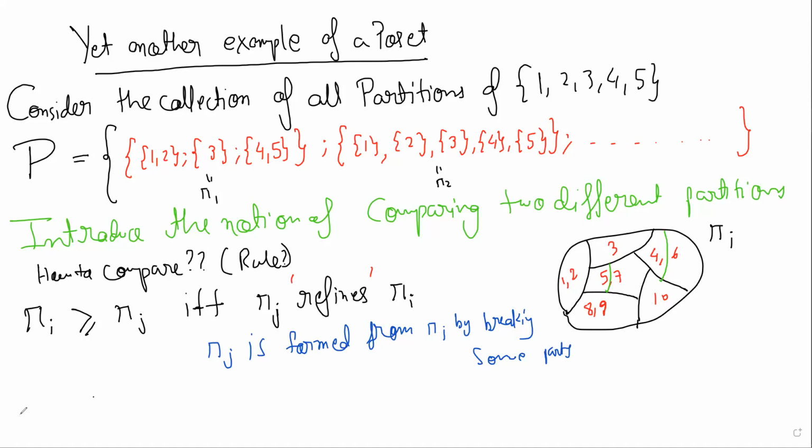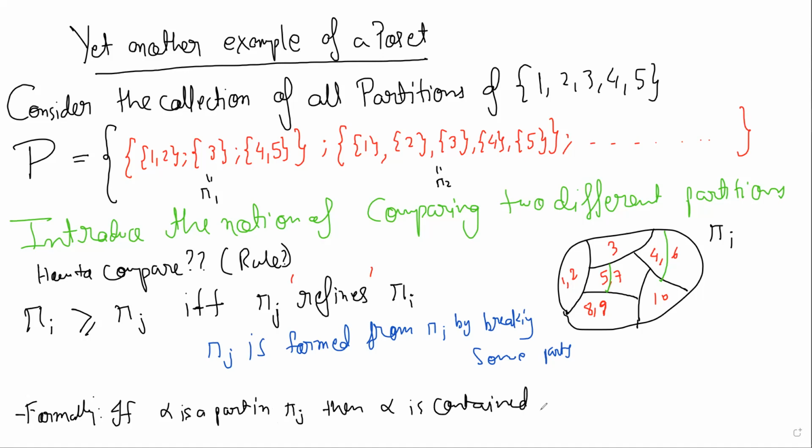But formally speaking, how would you put it? Formally speaking, I'll just say that if alpha is a part in pi j, then alpha is contained in some part of pi i.